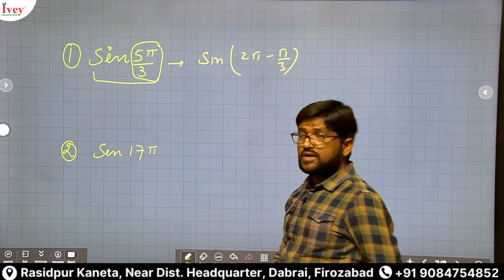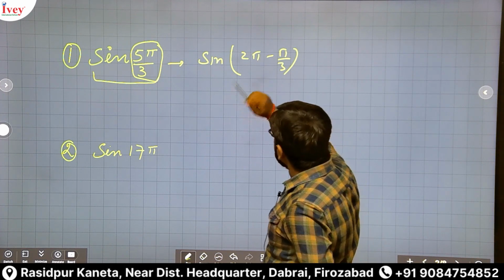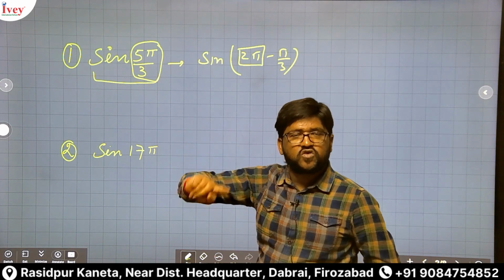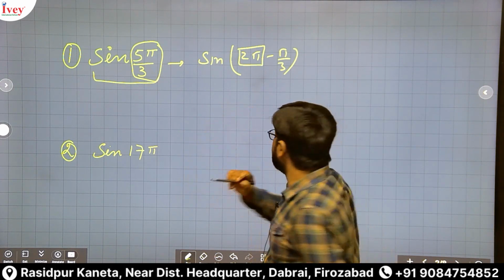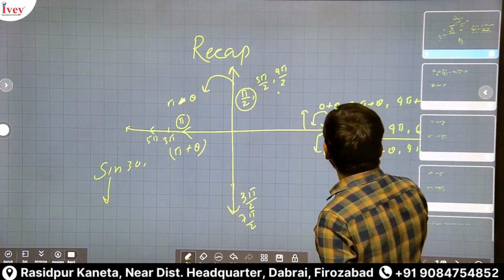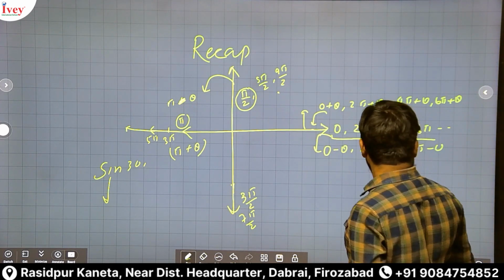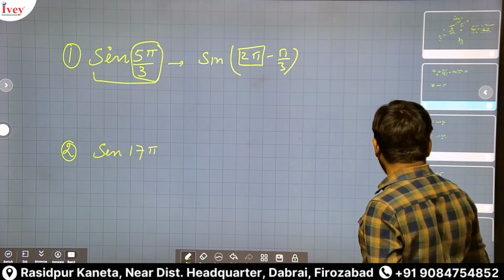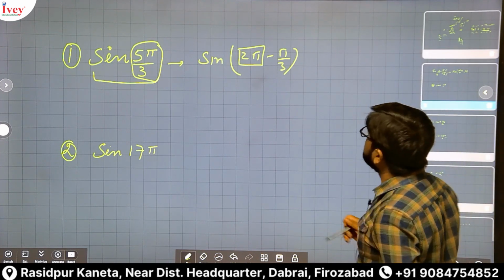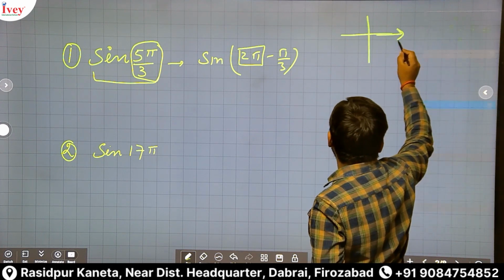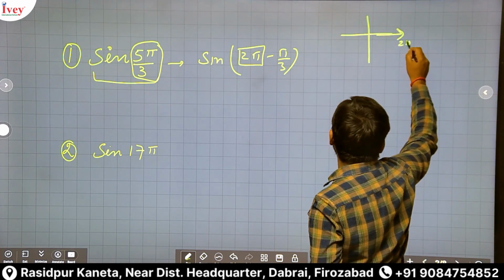2 pi minus pi by 3. What does this mean? The 2 pi is associated with the positive direction of the x-axis, right? Can you see it here? This 2 pi is associated with the positive direction of the x-axis, and we are subtracting something. It is 2 pi minus, so we are subtracting. This means we will land at 2 pi here, right? And since we are subtracting something, we will land in the fourth quadrant.